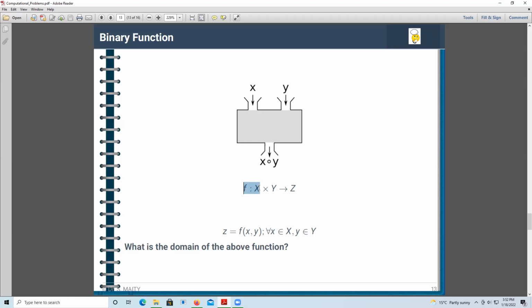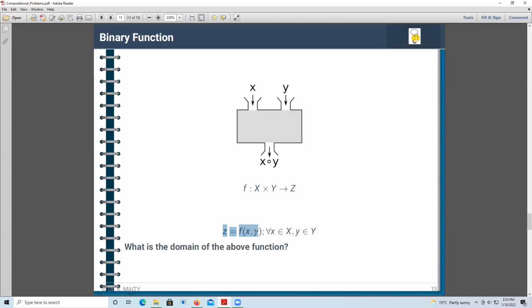And now we use these notations to represent a binary function. f is a mapping from x cross y to z. That means the same thing, that f takes two inputs, one from the set x and another from the set y, and it produces some element which lies in set z.